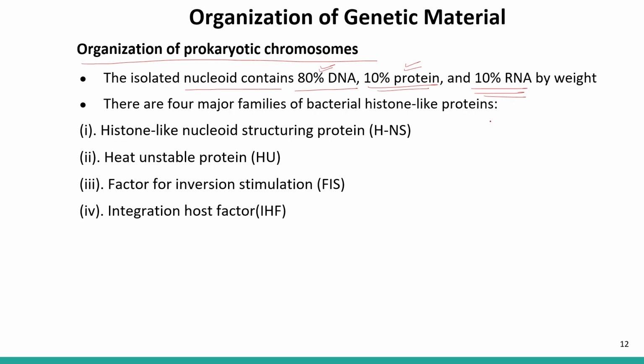If we talk about this protein portion, that's 10%, there are 4 major families of bacterial histone-like protein. What are those? Histone-like nucleoid structuring protein, HNS, heat unstable protein, factor for inversion stimulation, and integration host factor.